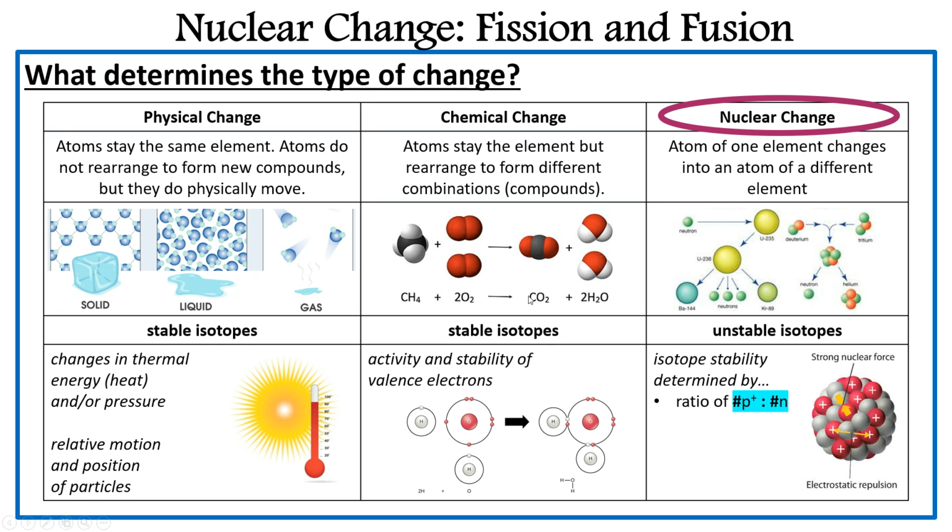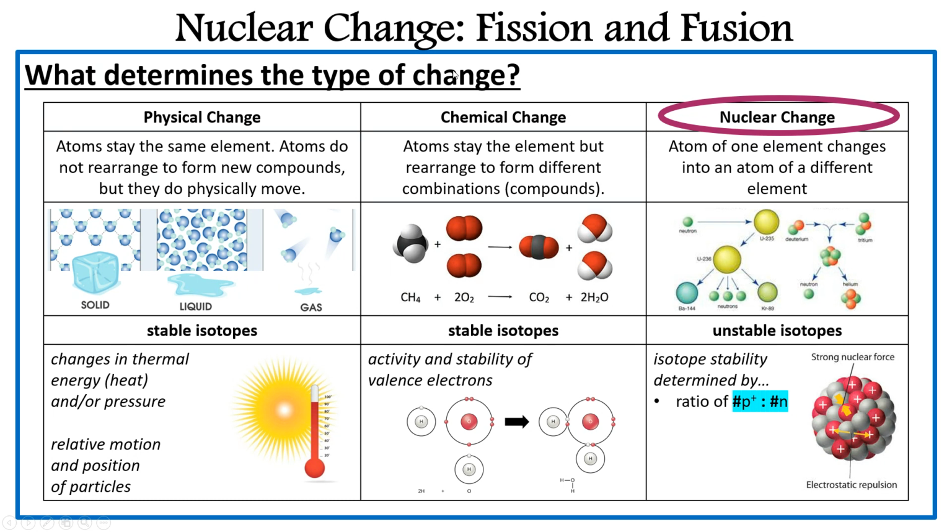Okay, so here's our broad look at just thinking about matter. Chemistry is all about the study of matter and how it changes. What are the different types of change? How can we define those changes by looking at what's going on with the atoms and the particles?